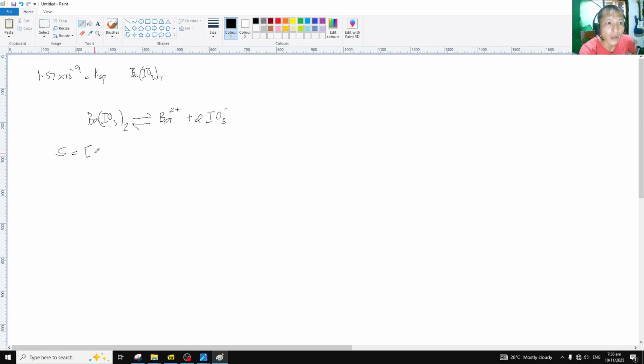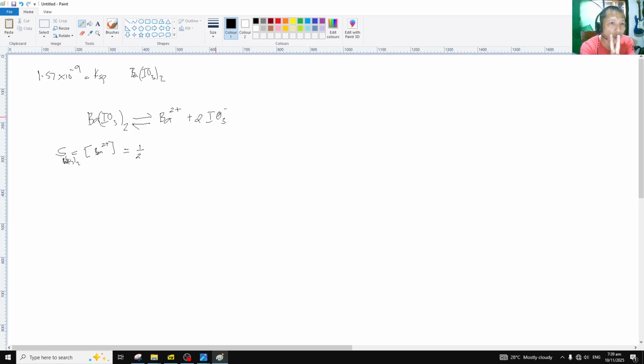So, you can say that the solubility of barium iodate is equal to the concentration of barium 2+, which is also the concentration of iodate, but you have to divide it by 2. Why? Because for every barium iodate, there are 2 moles of iodate.